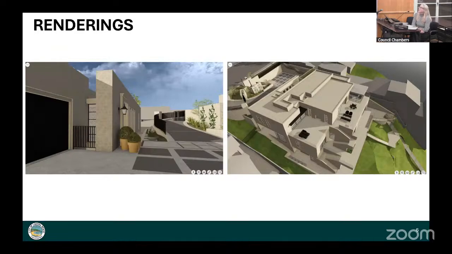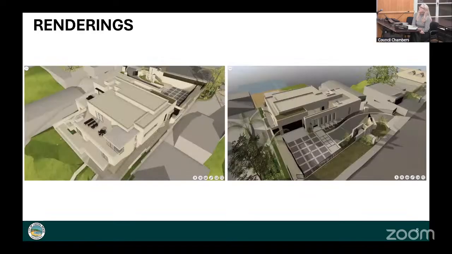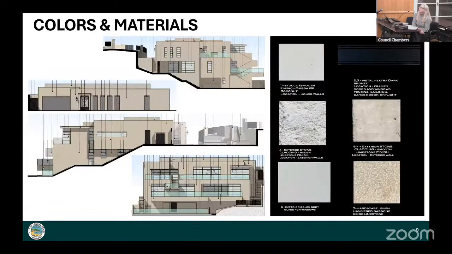They were in the plan set, and I put them in here in case we want to go back to them. Next slide, please. And the next slide, please. And the next slide, please. These are the colored elevations and the materials that have been chosen. And this is all in the staff report in the plan set.